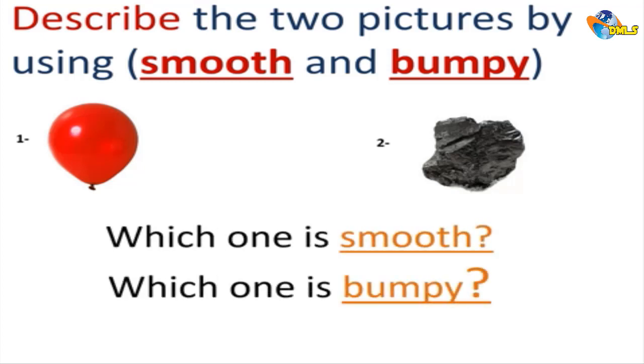Which one is bumpy? Smooth, like I want all of you to put your hand on the other hand. This is what I mean by smooth, okay? When you touch your hand, it is smooth. So tell me which one is smooth and which one is bumpy.